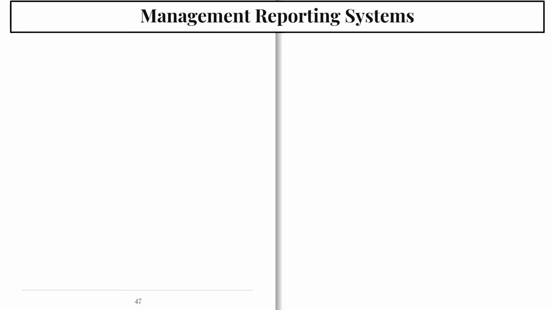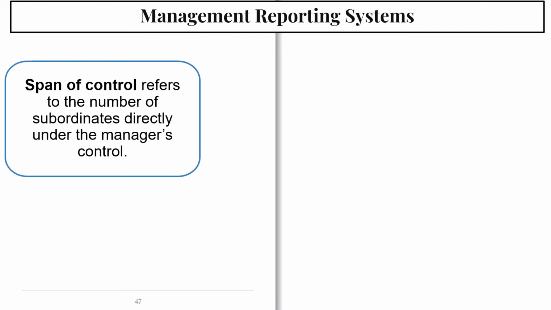Having said that, talking about the organizational structure, let's talk about the span of control. Span of control refers to the number of subordinates directly under the manager's control, which will affect and shape the reporting content and structure.